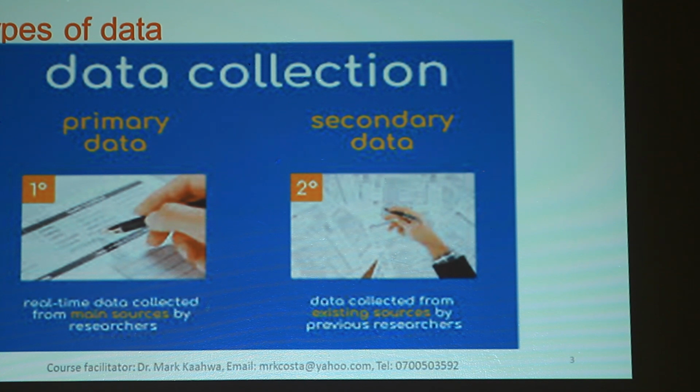That is what we call secondary data. Because from that data, you can synthesize it, analyze it, and write articles, what we call reviews. You can write review papers out of the secondary data.